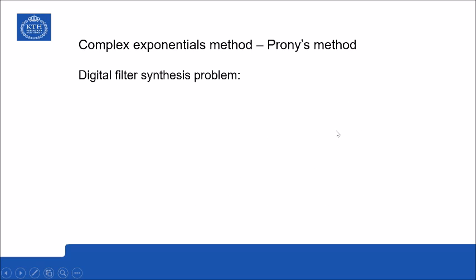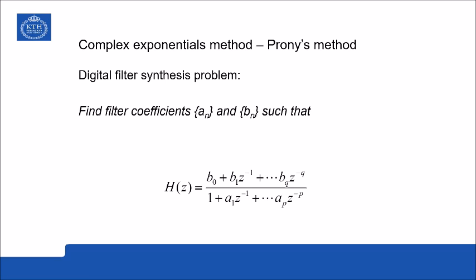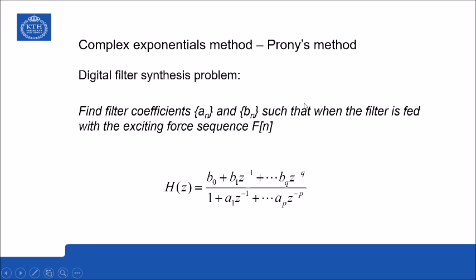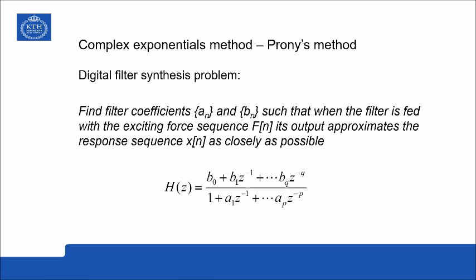So our problem can be formulated as a digital filter synthesis problem. So we have to find filter coefficients an and bn, the denominator coefficients and the numerator coefficients, such that when we feed the filter with the exciting force sequence, it will respond with an output sequence Xn that as closely as possible fits or approximates our measured output sequence.